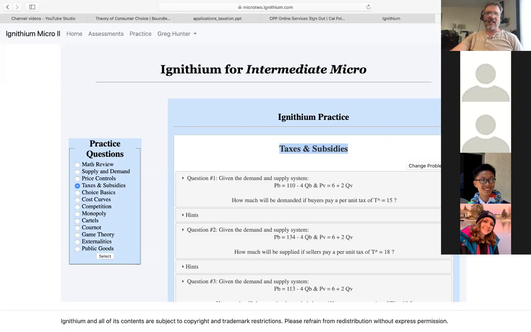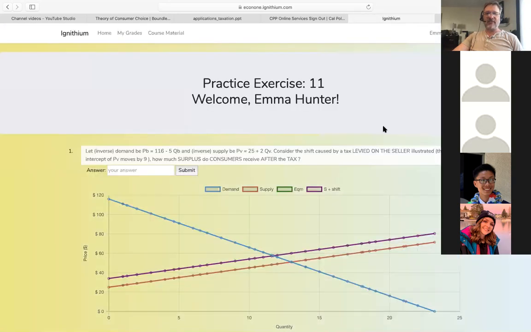Anyway, we're on this last section, and it has to do with taxes and subsidies. So one of the things that I want to show you guys, can you guys see this screen? It's yellow. Yep, okay.